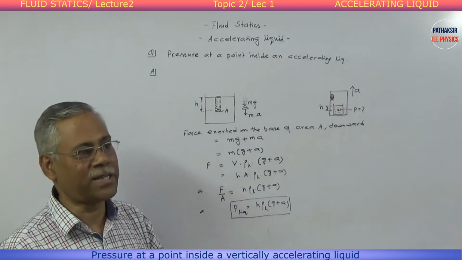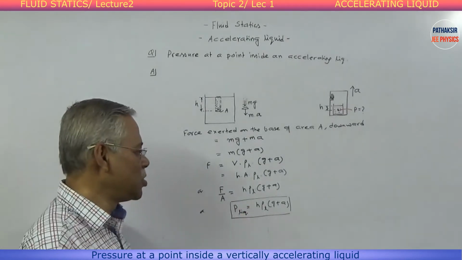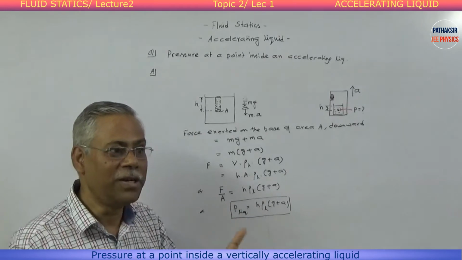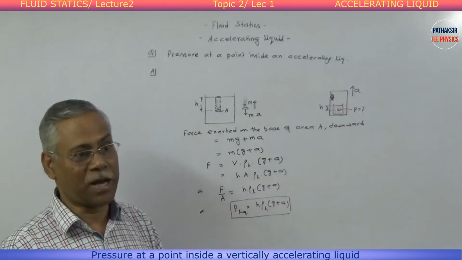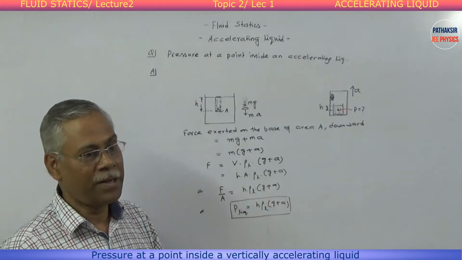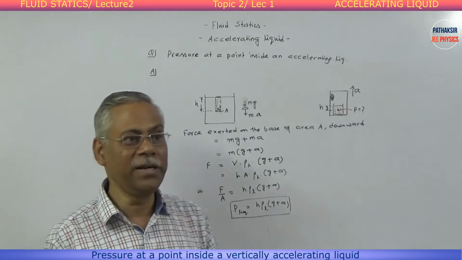If it accelerates downward, minus; if it accelerates upward, plus. So pressure of liquid is not h into rho L into g, it is h into rho L into (g plus a). Now I'll study the buoyant force in an accelerating liquid.